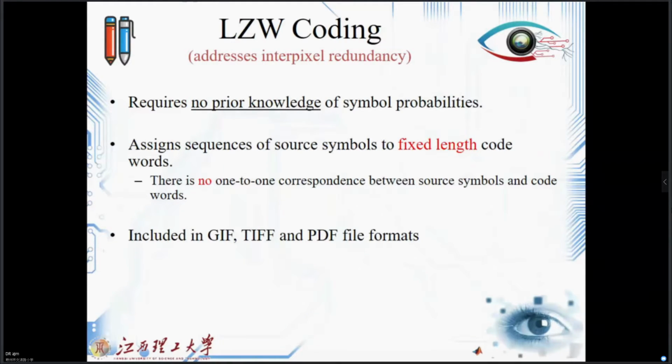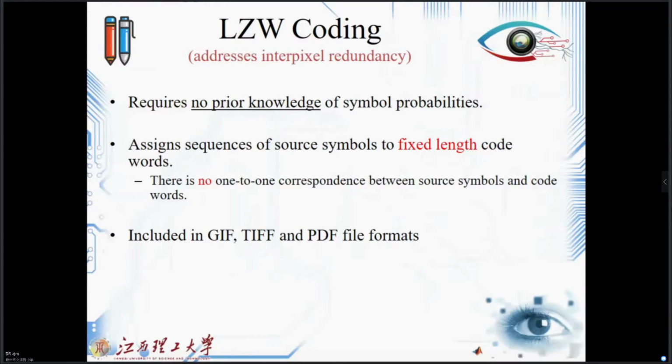Okay. The next method is LZW coding, which addresses the interpixel redundancy. In this method, you require no prior knowledge of symbol probabilities, and you assign sequences of source symbols to fixed length code words. There is no one-to-one correspondence between the source symbols and the codes.